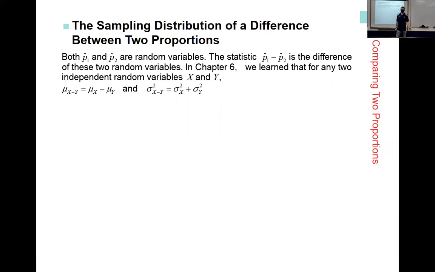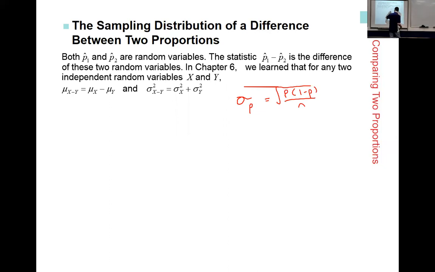The standard deviation, remember when we have two separate variables, we talked about this. The standard deviation is going to involve adding variances. So that means we need to get the variance of these distributions. Well, remember that the standard deviation for P is the square root of P times 1 minus P over N. And so how do I get the variance there?